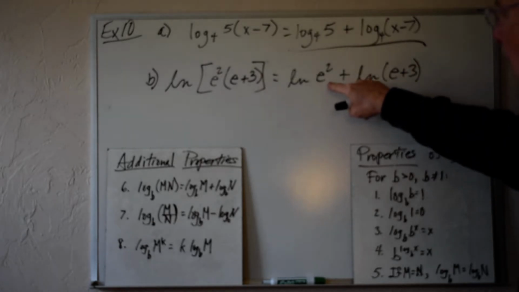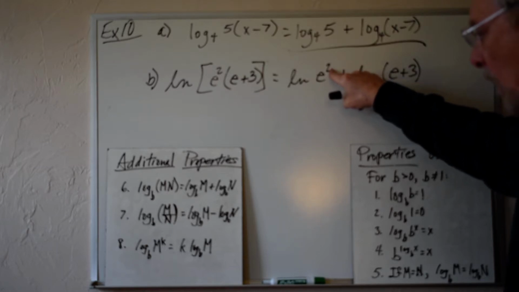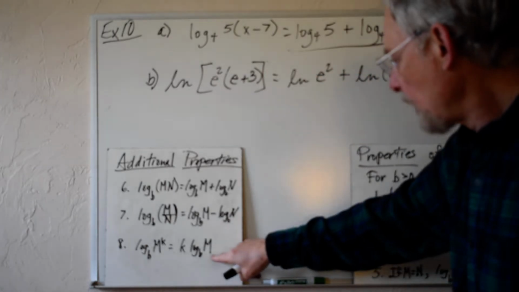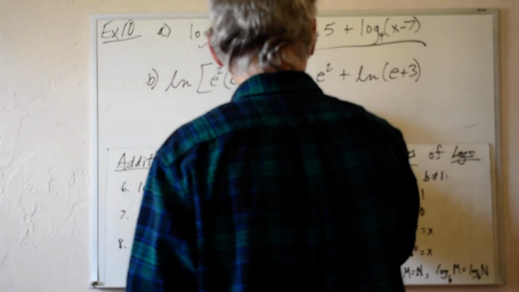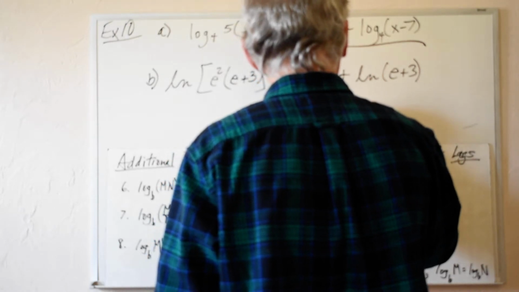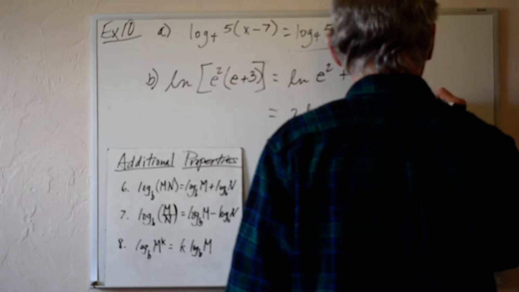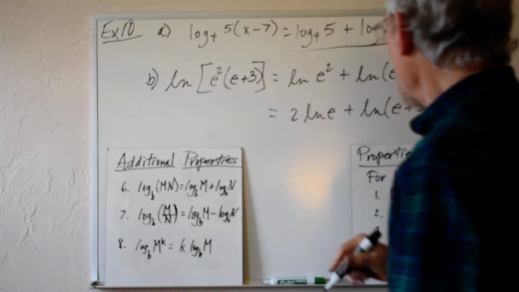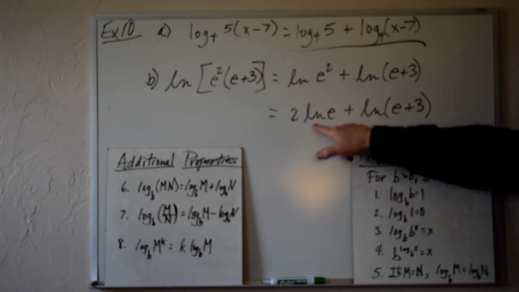But here I have the log of something raised to a power. If I want, I can use that property. Furthermore, this is the log of e to the base e, right?